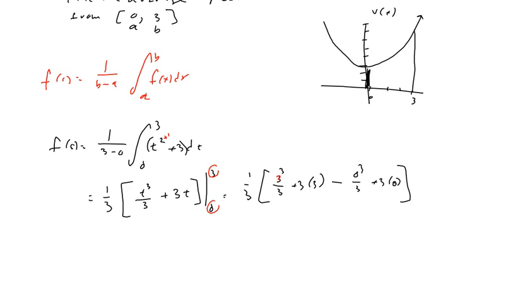Plug in my 3 here, and plug in my 0 here and 0 here. And I have these two pieces of my equation, right? It's this piece minus this piece. That's a 0.